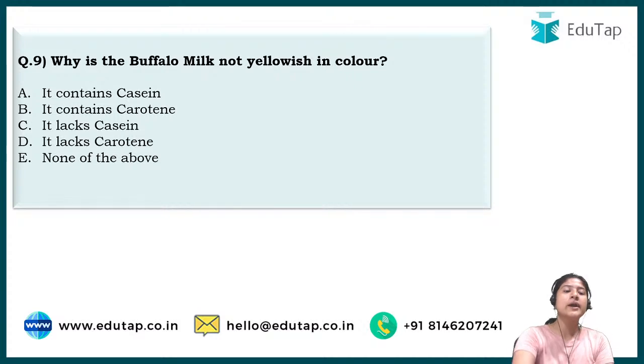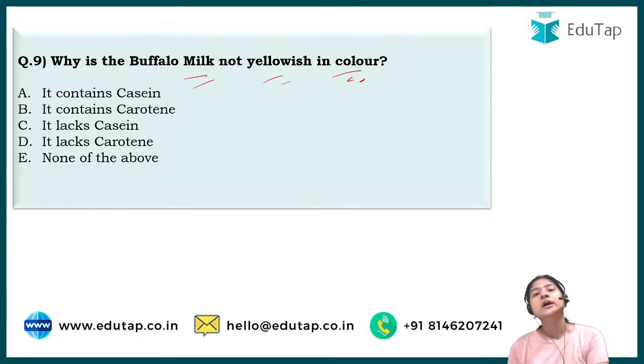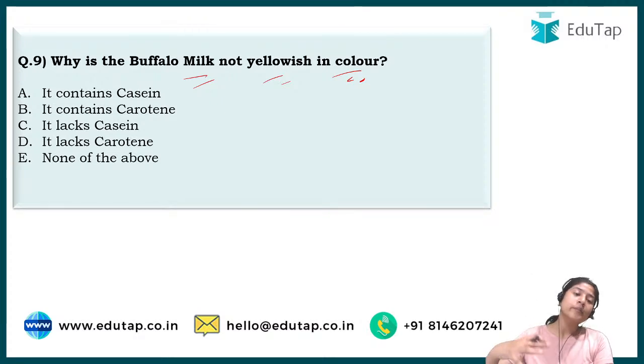Next is, why is buffalo milk not yellowish in color? There is one reason among the following because of which buffalo milk is not yellow in color, as in the case of cow's milk. From here you need to understand 2 things.